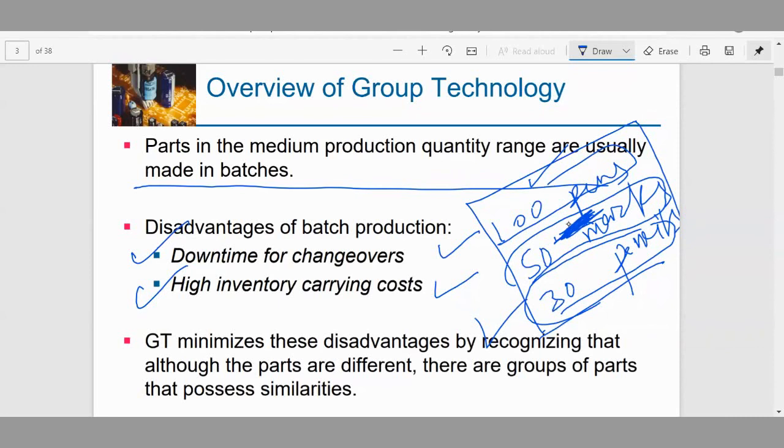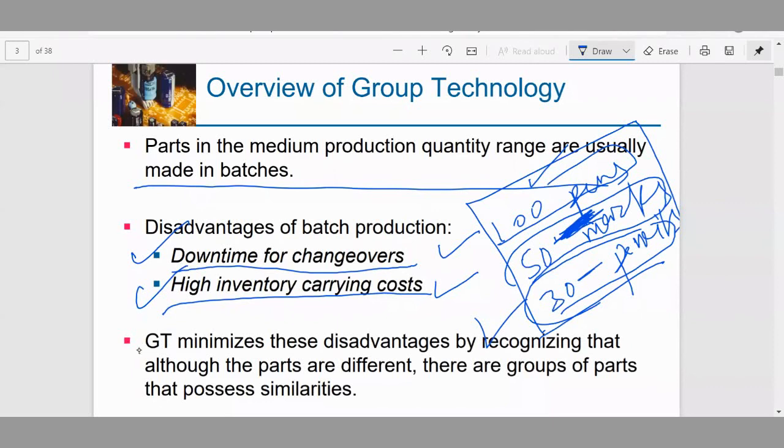That's the reason you need to have markers in the finished good inventory already. You need to make them first. Similarly, pencils are also required to be kept in stock. That's the reason in typical batch production there is high inventory carrying cost, and the downtime for changeover is also very high.